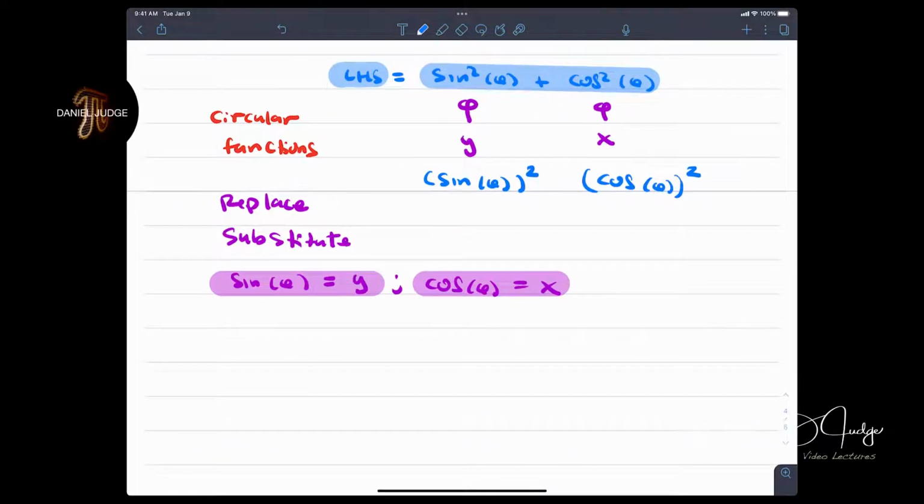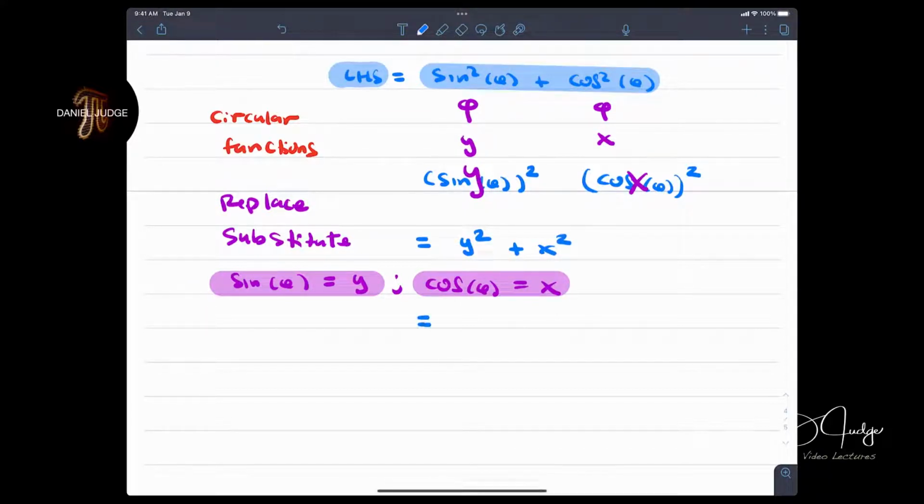Okay, so if we can substitute, we can replace sine with the letter y, ladies and gentlemen. I'm going to replace it with y. We can replace cosine with the letter x. And so what you now see here is this nice relationship that we have, y squared plus x squared.